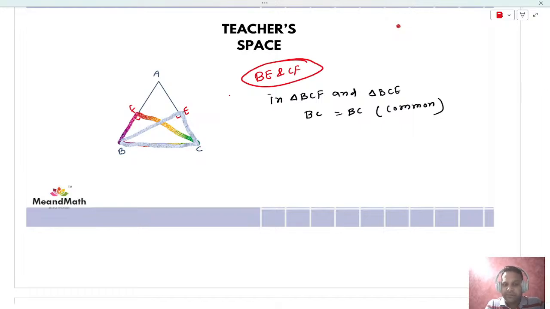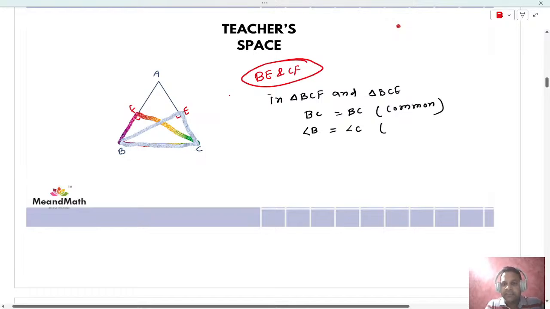Angle B is equal to angle C, because angles opposite to equal sides are equal. We know this is the property of an isosceles triangle.